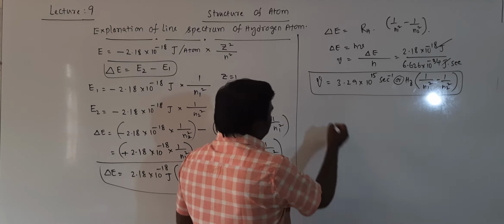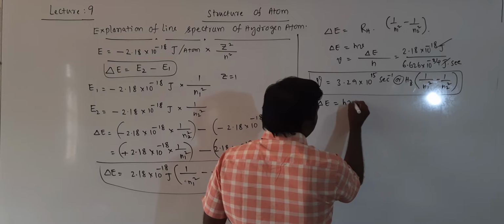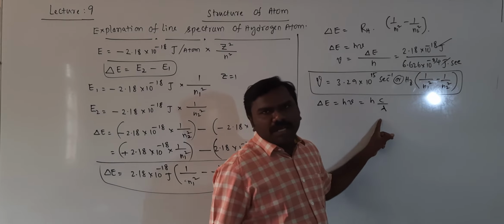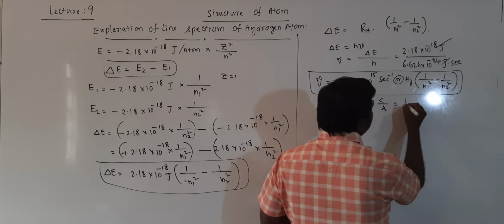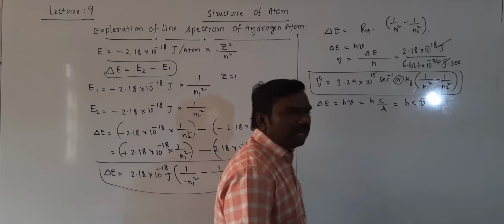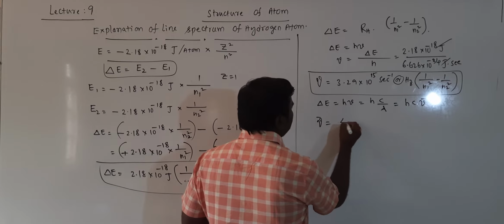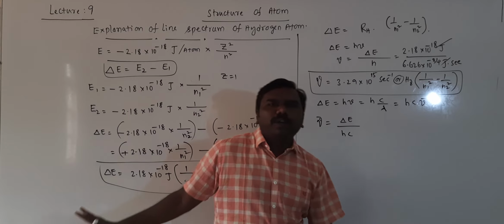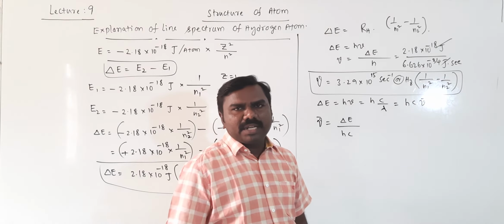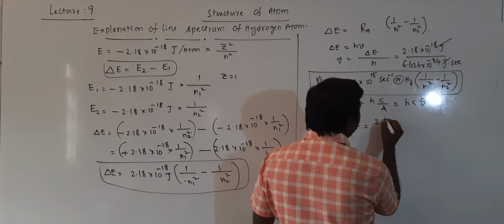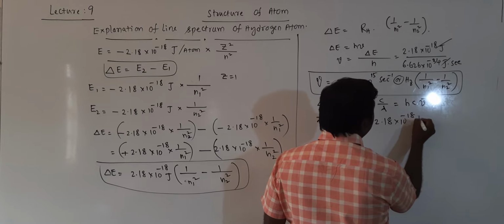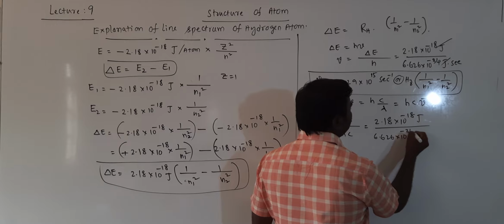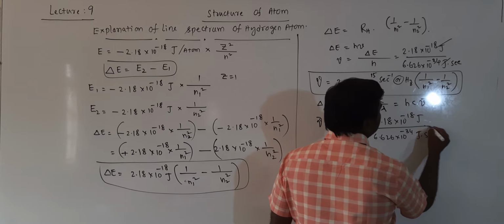Next, delta E equal to h nu, which is equal to hc by lambda, where 1 by lambda equal to nu bar. Finally, you will get hc nu bar. Nu bar equals delta E by hc. Delta E from the energy point of view is 2.18 into 10 to the power of minus 18 joules, divided by the h value 6.626 into 10 to the power of minus 34 joule seconds.